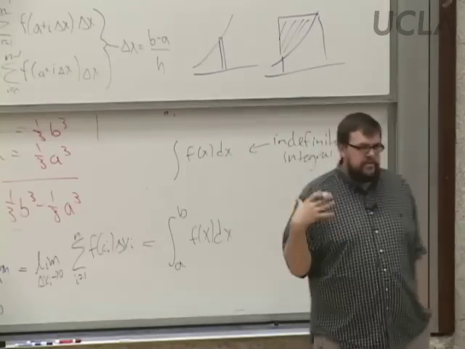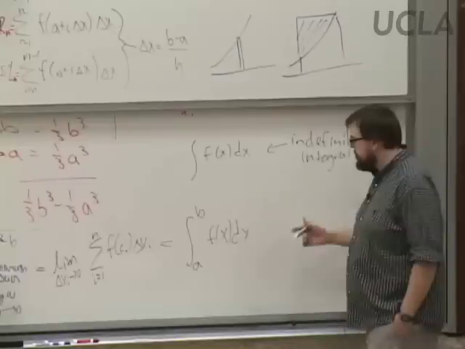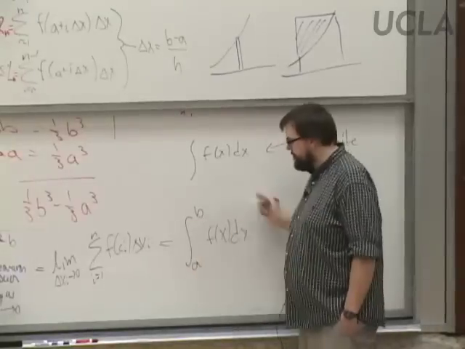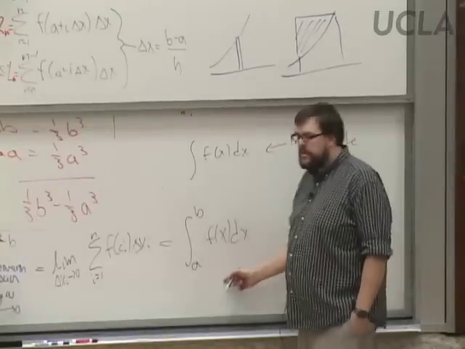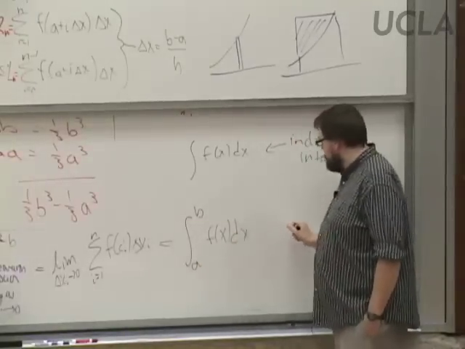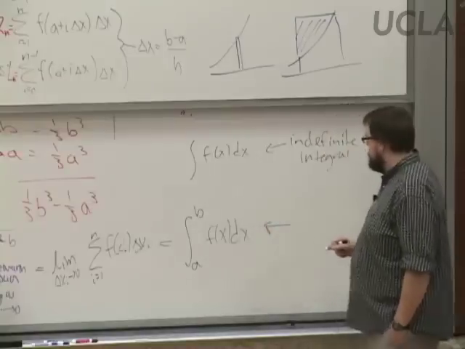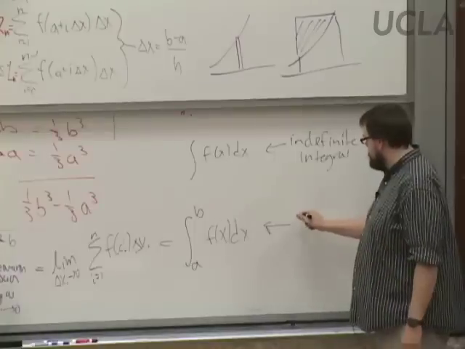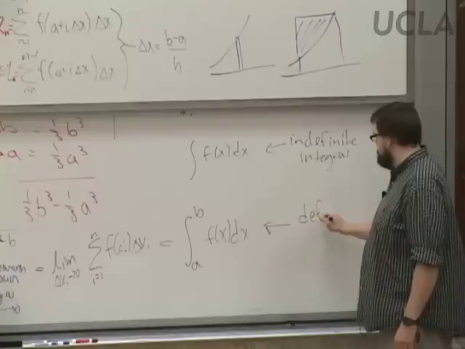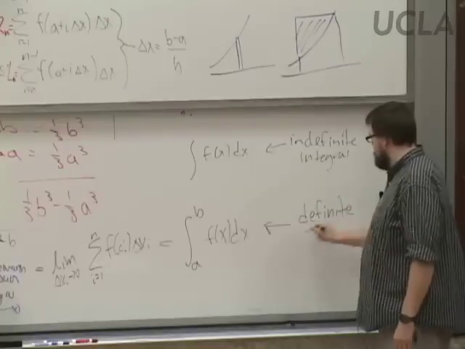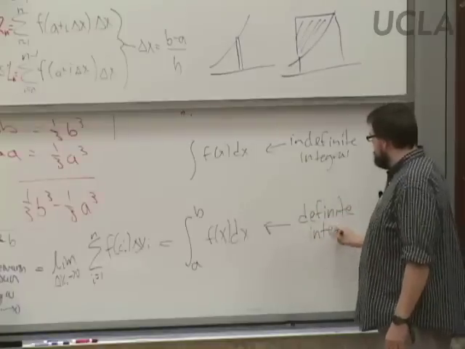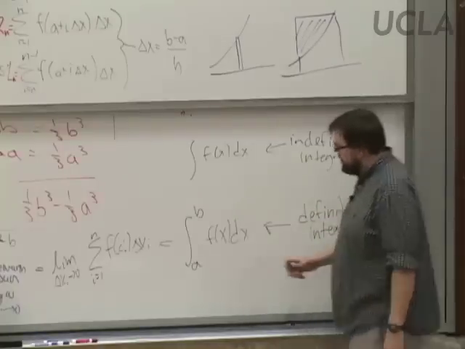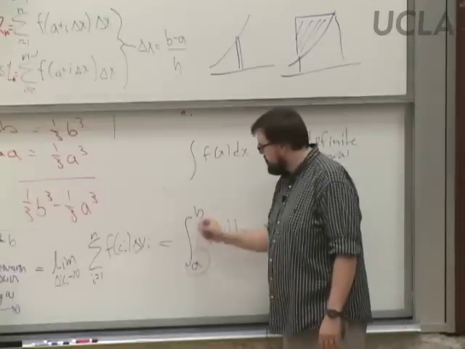Well, we were expecting to get out a function. What do we expect to get out of here? A number, yeah, which we can interpret as an area, or we can interpret as other things. But here, we want a number out, and this is called the definite integral. And the key difference between an indefinite integral and a definite integral is you have these a's and b's.